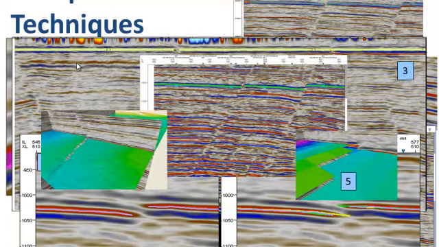Sometimes as well, using another technique, confirming that if he starts with the inline, he moves to the cross line in order to confirm the interpretation, and later on starts with interpreting the faults.